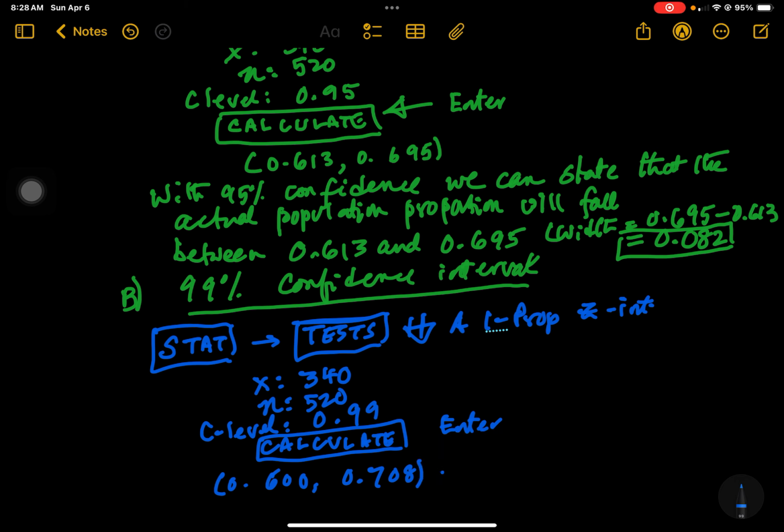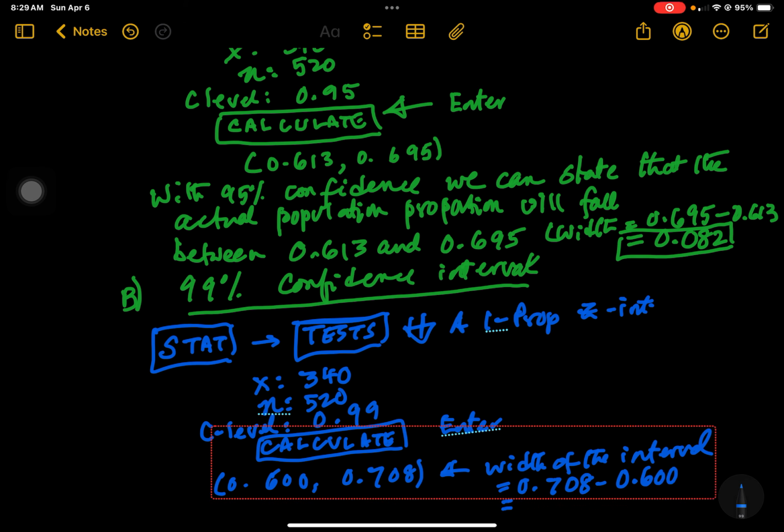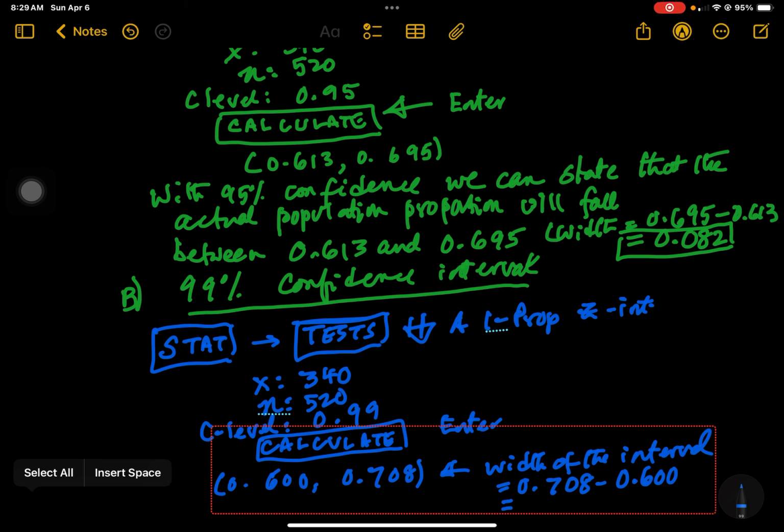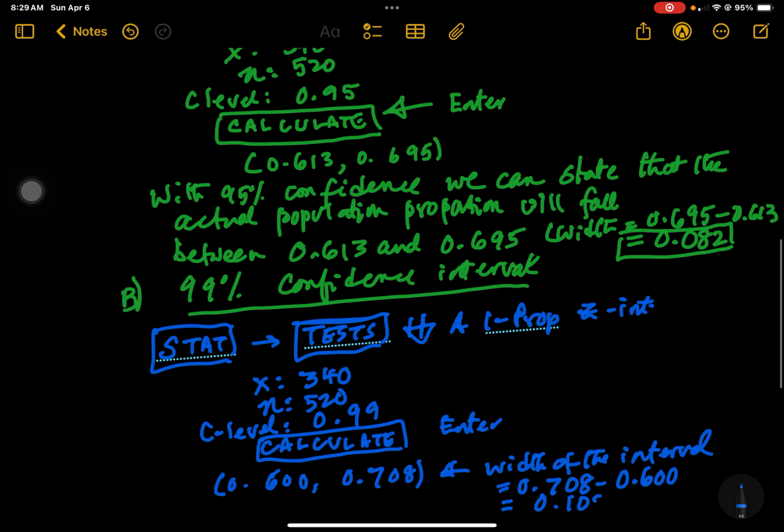So now notice the width of the interval is equal to 0.708 minus 0.600, and that is equal to 0.108. This is a point to be noted.